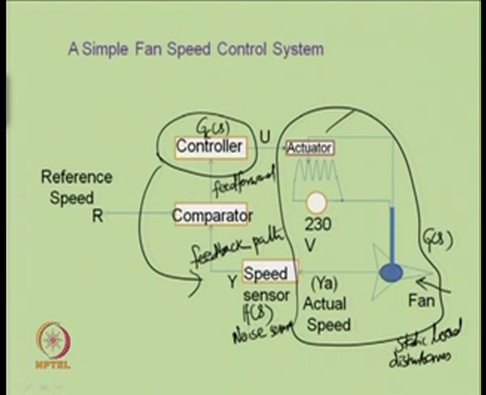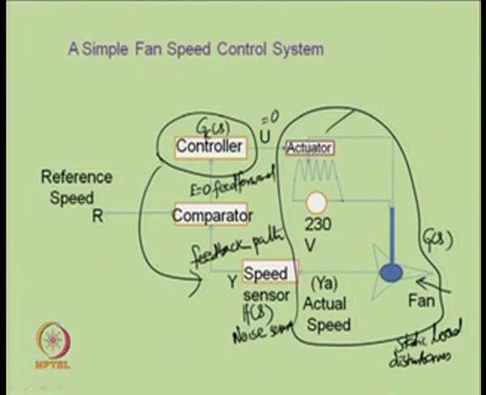E equals 0 is the difference between the reference speed and the measured speed. When E equals 0, the controller output might be 0, but at that time the fan is not restricted from the input supply. That way the fan rotates.